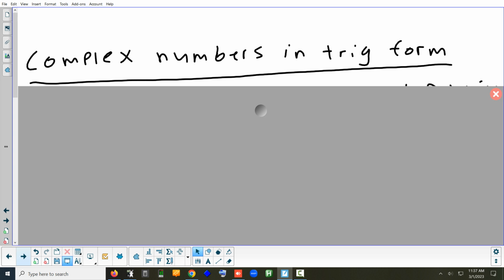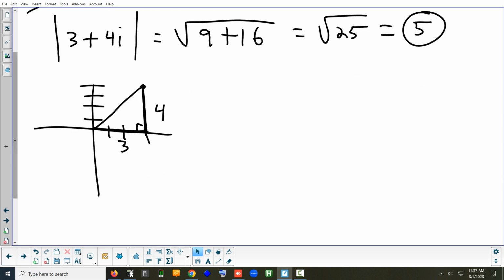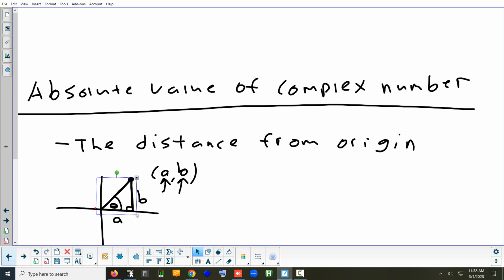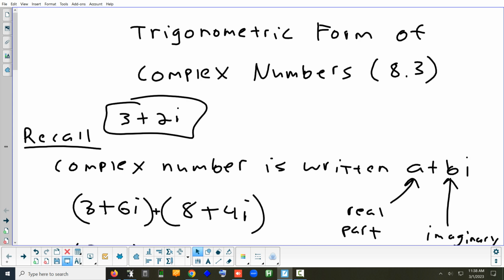So that last piece that we need is this angle. You might be like, well, why do we need that angle? Well, I'm going to show you why we need that angle. And also to make this connect a little bit more with graphing, I'm not going to use a and b anymore to represent my complex number. I'm going to switch to using an x and a y. Just because I think if I use x and y, you'll think of x as horizontal and you'll think of y as vertical.